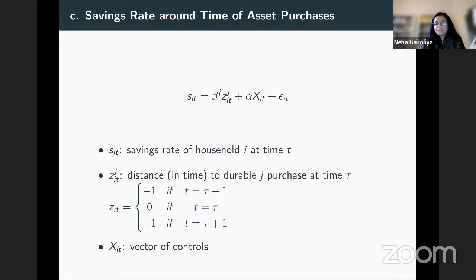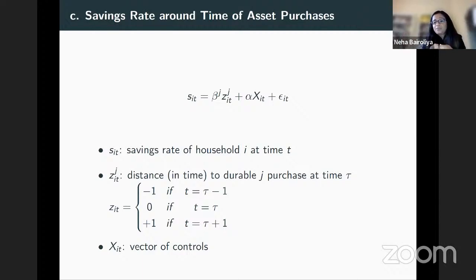So we're estimating this equation where, again, the outcome variable of interest is our savings rate. Z_it now is the distance of the purchase from the time at which we are measuring the savings rate. So for example, let's say tau is your period in which you are making the purchase. So a period before this purchase event, Z_it would be -1, right?